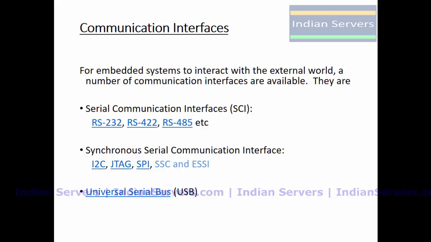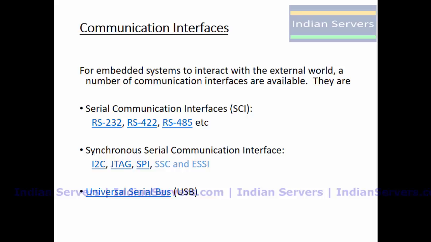So here it is only one way. Coming to half duplex serial communication, receiving and transmitting is possible, but at a time it is not possible to receive and transmit the data. And the third type of serial communication is full duplex serial communication, where we can transmit and receive the data serially simultaneously.